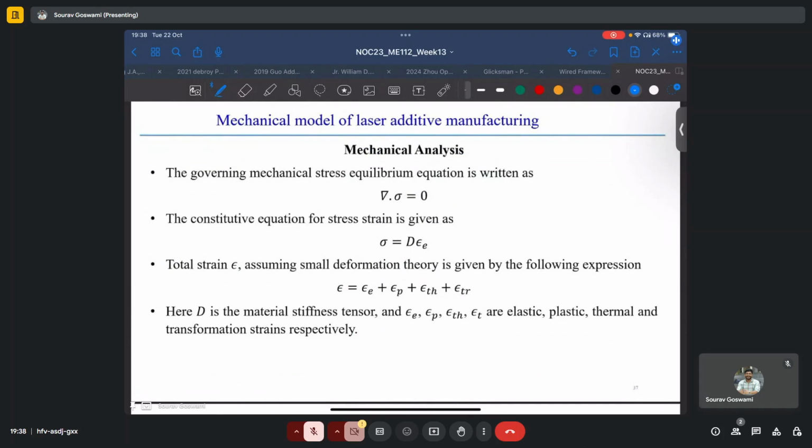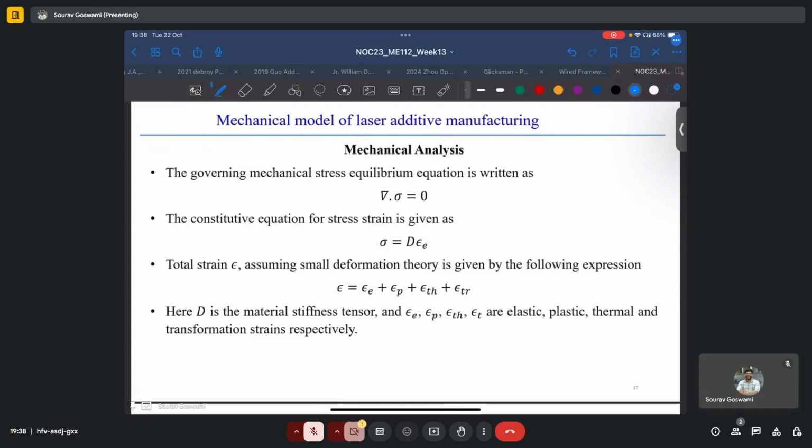In terms of the governing equations, the governing mechanical stress equilibrium equation is simply written as the gradient of stress is zero. The constitutive equation for stress-strain is given as sigma is equal to stiffness matrix D times the strain epsilon E. Total strain epsilon, when formulated using a small deformation theory, will actually have multiple components, those being the elastic strain, plastic strain, thermal strain, and the transformation strain.